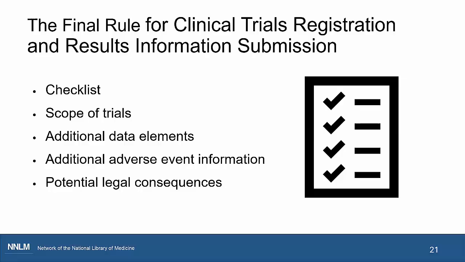It requires additional registration and summary results information data elements to be submitted to ClinicalTrials.gov, including the full protocol and the race and ethnicity of trial participants if collected. It requires additional types of adverse event information, and it provides a list of potential legal consequences for non-compliance.